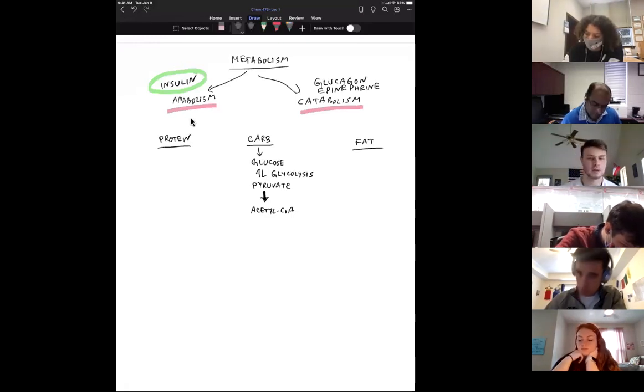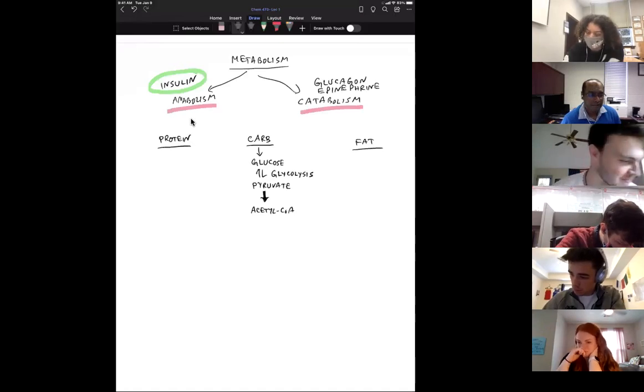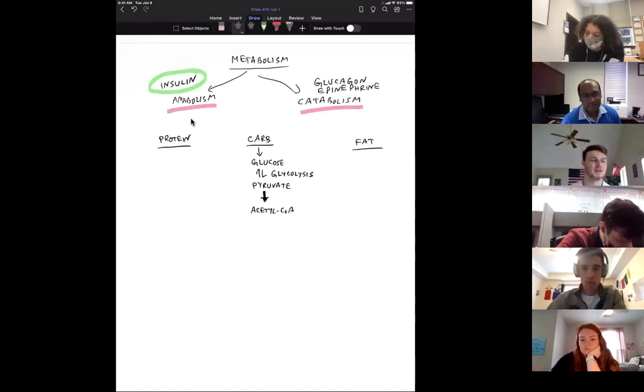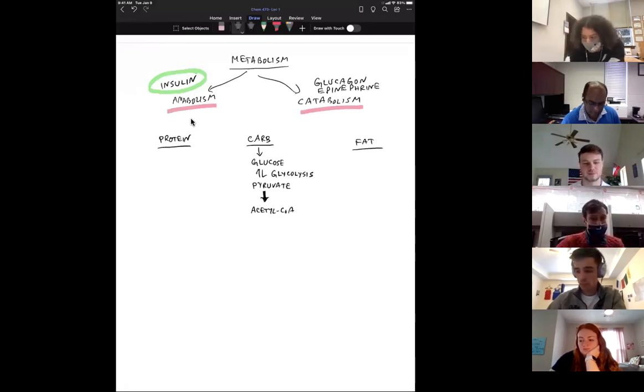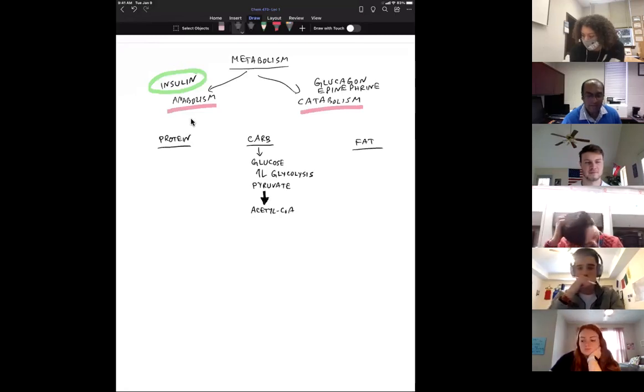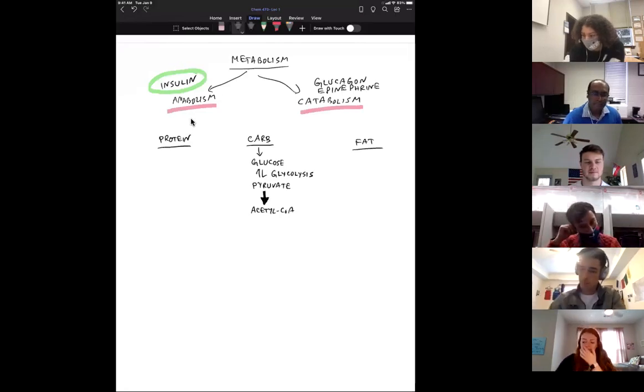But once you make acetyl CoA, from acetyl CoA you cannot go back to glucose, right? So this is a one-way street. And whenever you make acetyl CoA, you must enter the next cycle, which is the citric acid cycle.